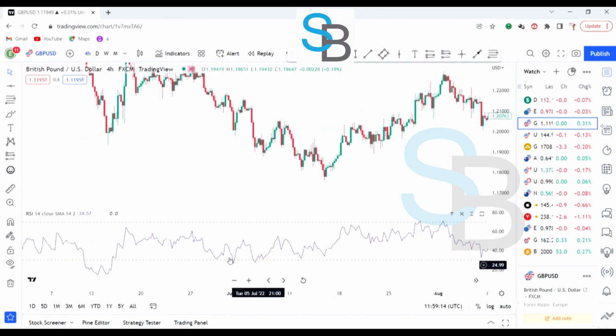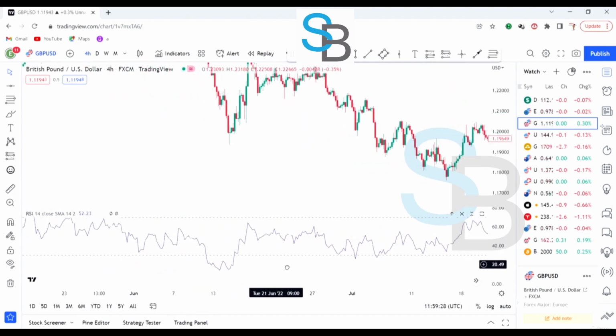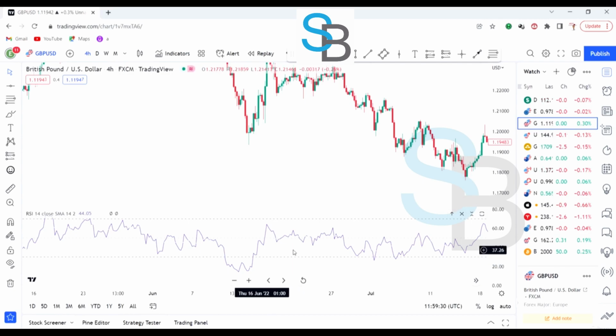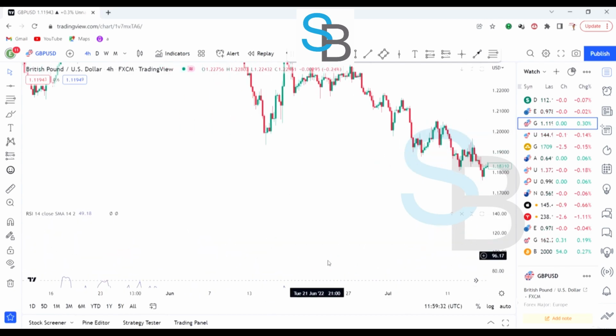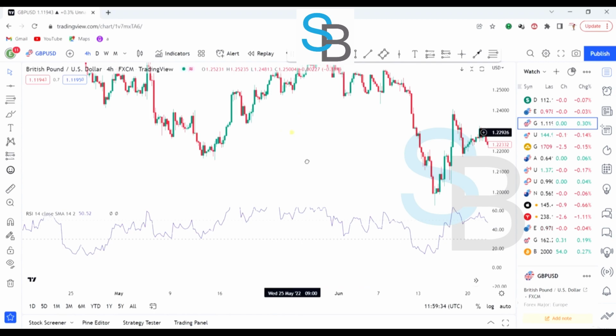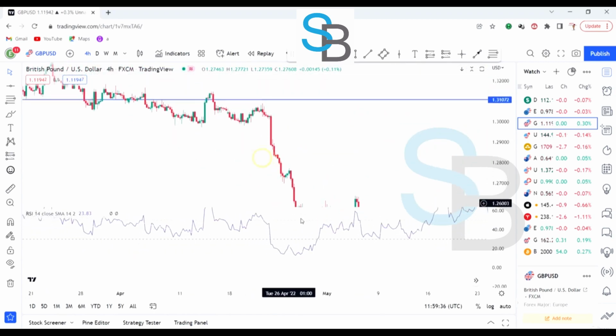Typically this is what the relative strength index is and what traders use it for. They use it to find the momentum of the market and points of reversals, points of correction. So in a trend, for example, let's assume we are in a very powerful trend.